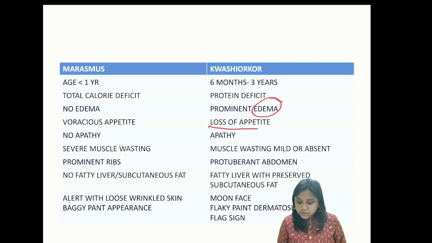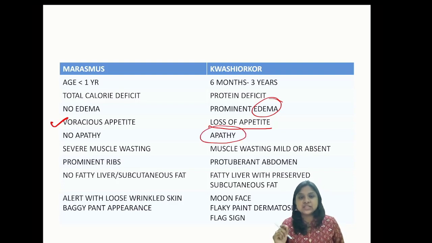There is loss of appetite in case of kwashiorkor, whereas the child is very hungry, voracious appetite in marasmus. So edema with mental changes, apathy, kwashiorkor. And the muscle wasting is severe in case of marasmus, so you'll get the prominent ribs. You can count the ribs even.